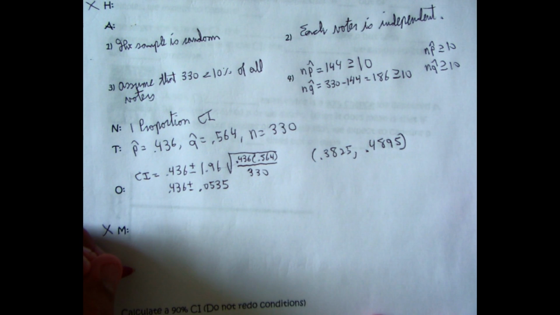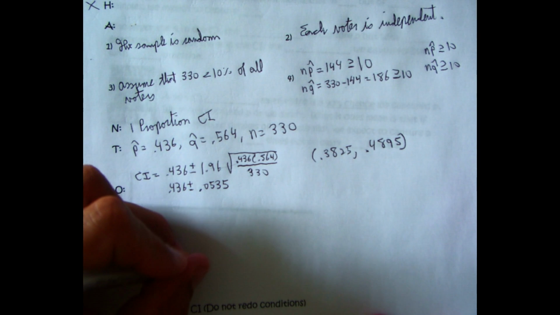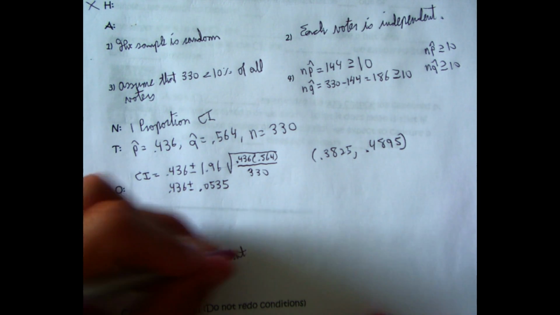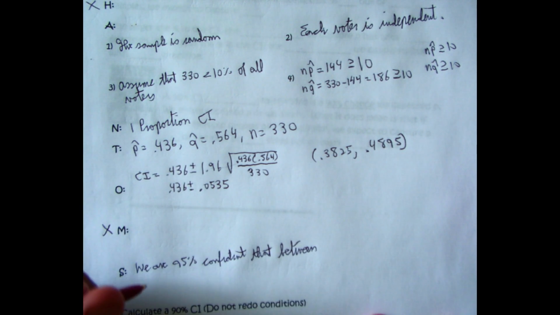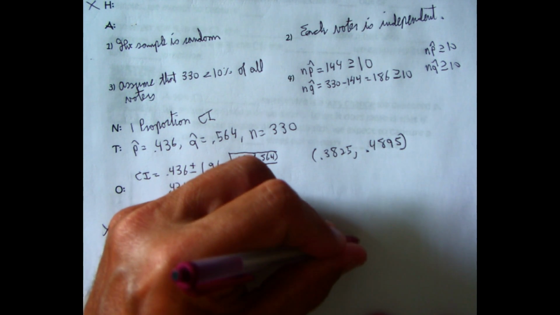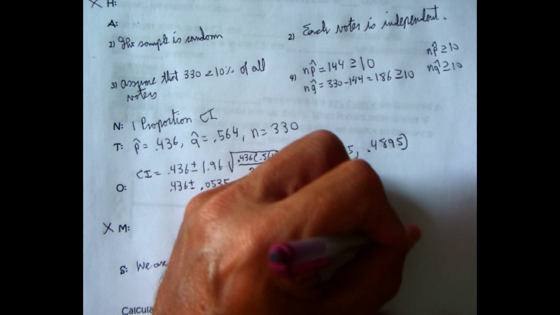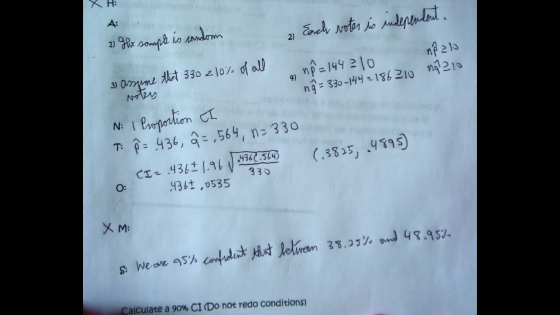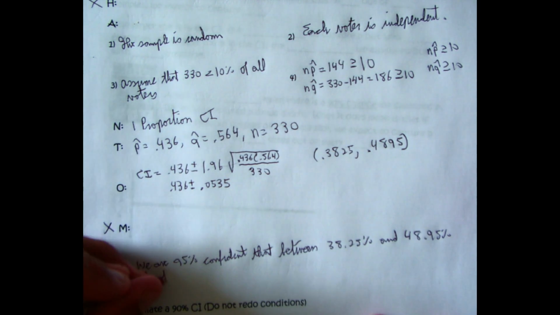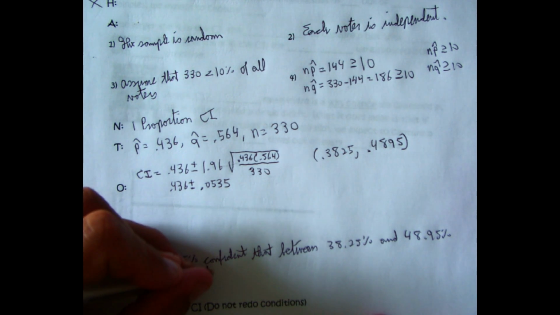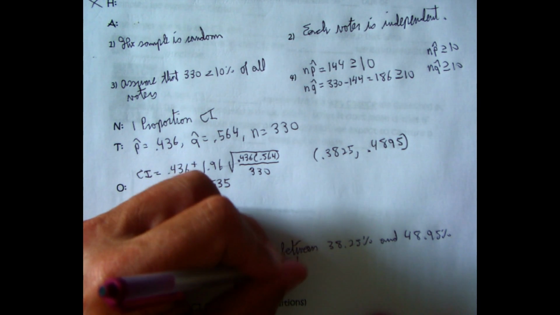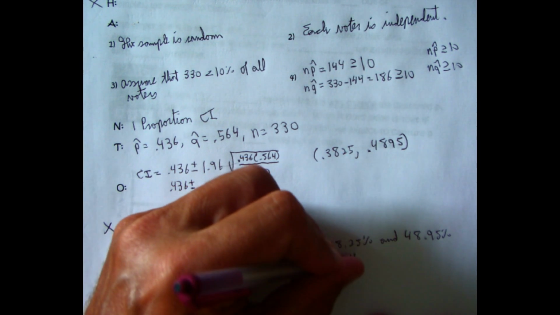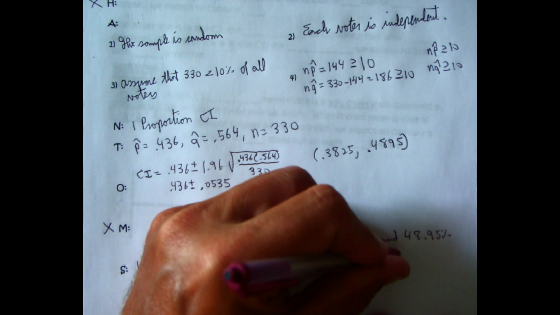Now, what is our conclusion? Well, we are 95% confident that between 38.25% and 48.95% of voters in this town, that's what we're talking about, whatever town it is, will vote yes to the upcoming school budget.